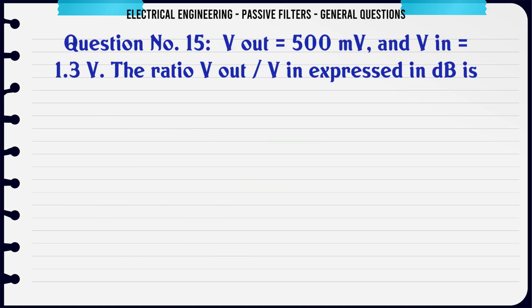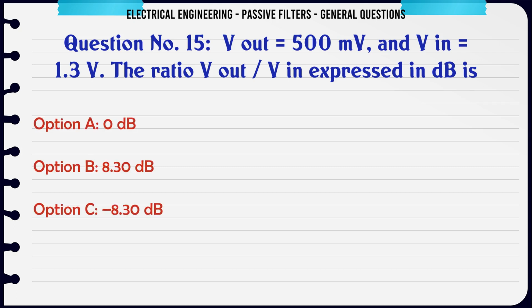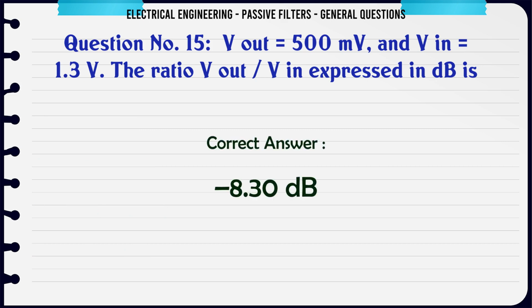Vout is 500 mV and Vin is 1.3 V. The ratio Vout over Vin expressed in dB is: A, 0 dB; B, 8.30 dB; C, -8.30 dB; D, 0.8 dB. The correct answer is -8.30 dB.